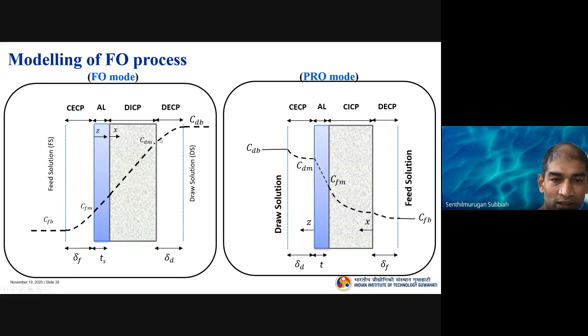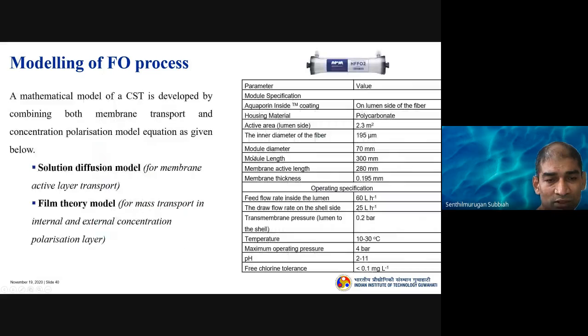And similarly here also, because of dilution, the concentration is getting reduced. So how do we model this concentration profile? For this, we are using a solution diffusion model for the membrane, and for the concentration polarization layer, we are using film theory, which is widely adopted in the membrane modeling process.